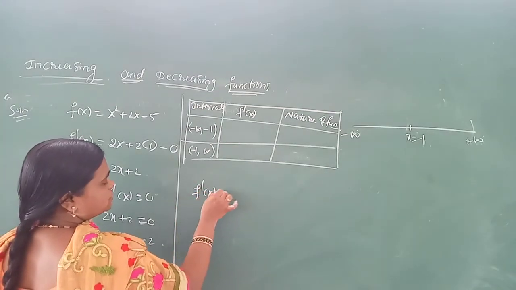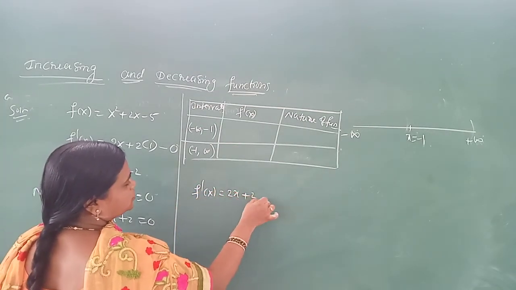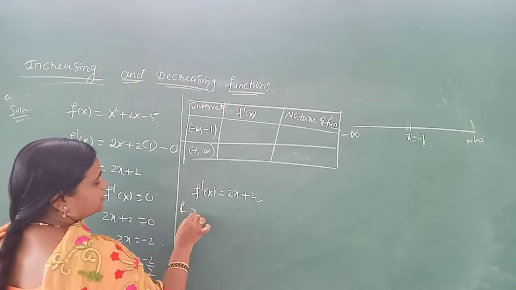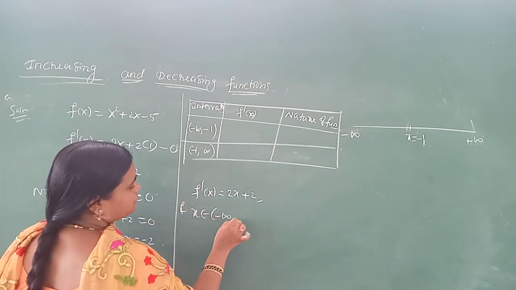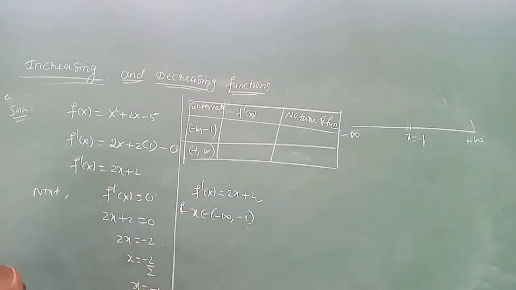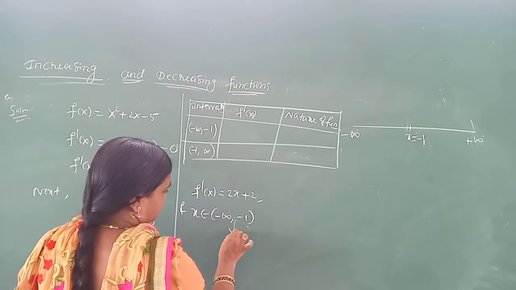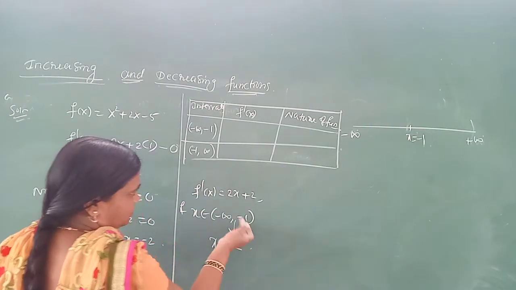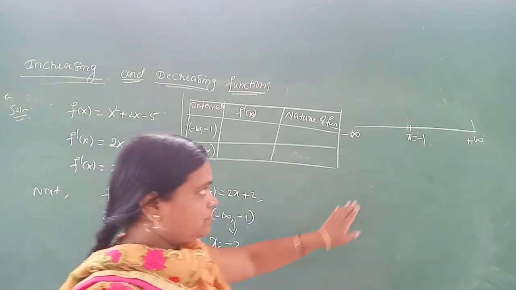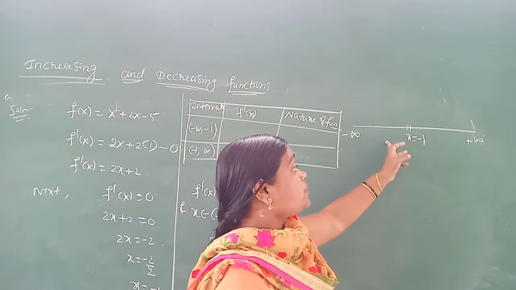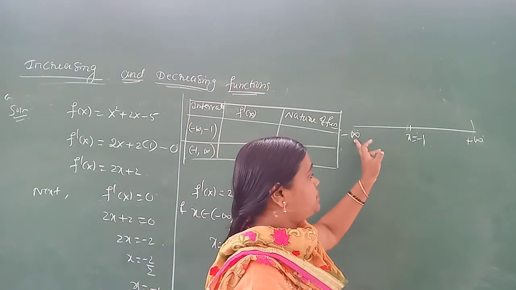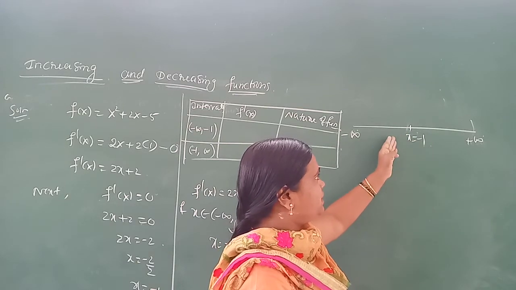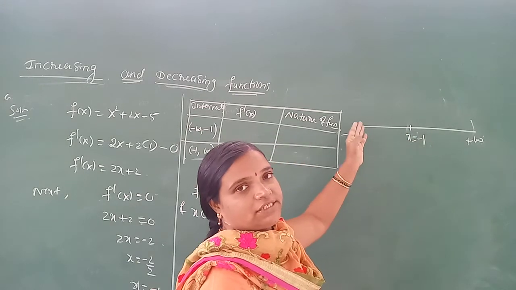F dash of x is 2x plus 2. If x belongs to minus infinity to minus 1, the in-between point I will take is minus 2, because the middle value between minus infinity and minus 1 we can take minus 2, minus 3, minus 4, minus 5, minus 6, like that.